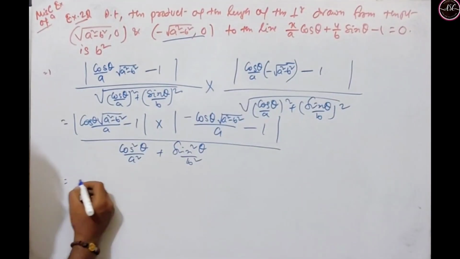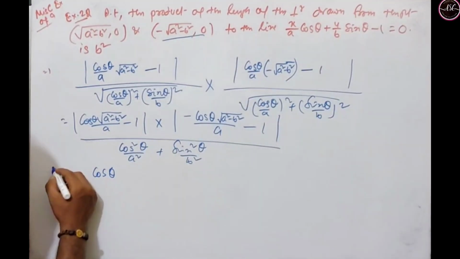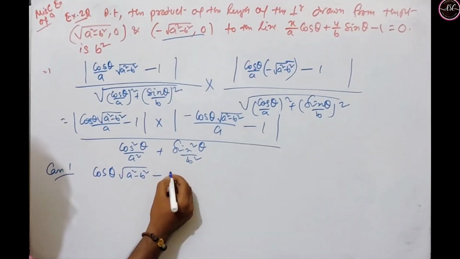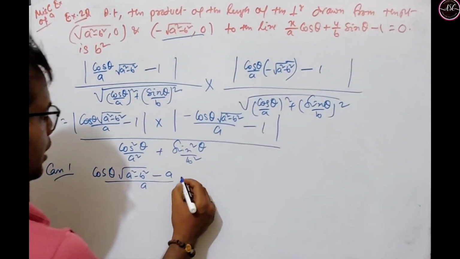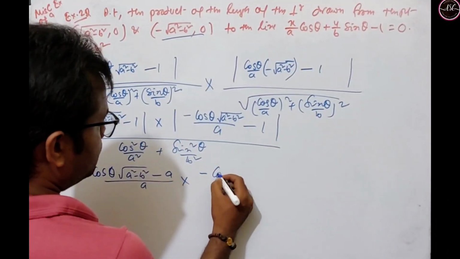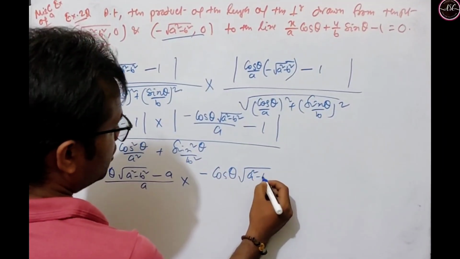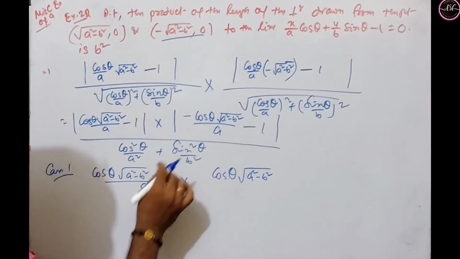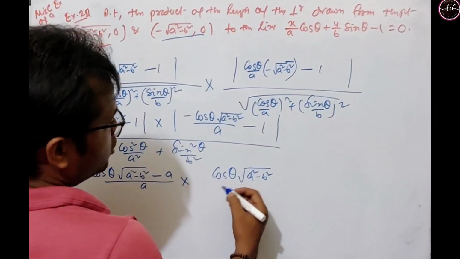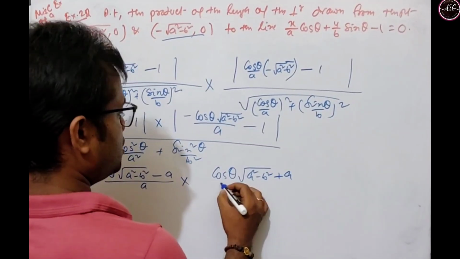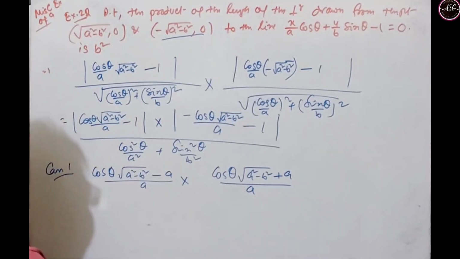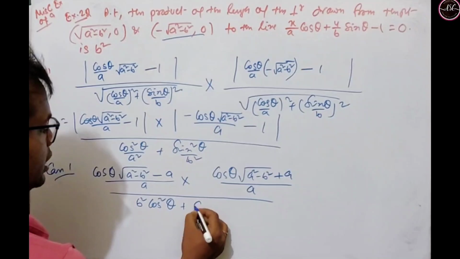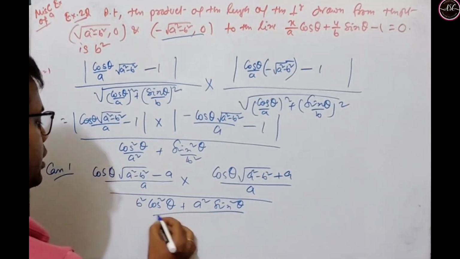Okay, so this will be cos theta, there will be two cases. Case 1, cos theta root a square minus b square minus a divided by a into minus of cos theta root over a square minus b square, sorry, if we remove mod, we get cos of this, and this will be plus a by a, okay, divided by b square cos square theta plus a square sin square theta divided by a square b square.